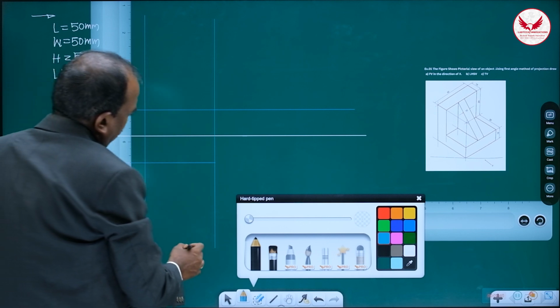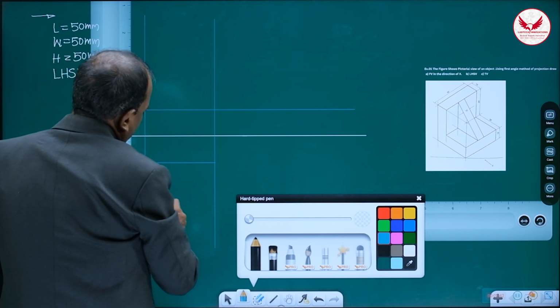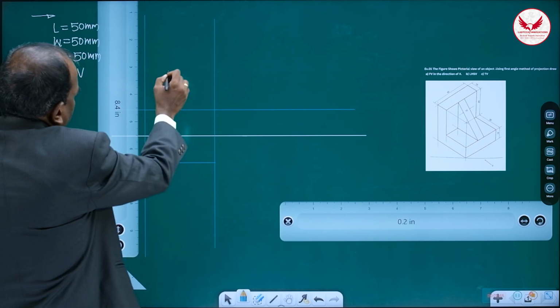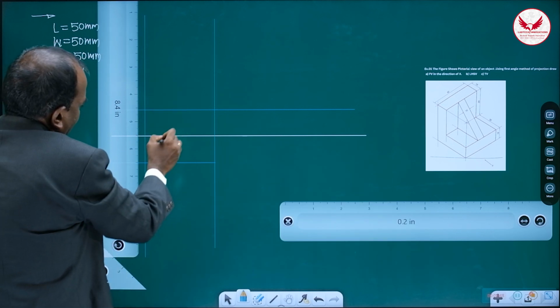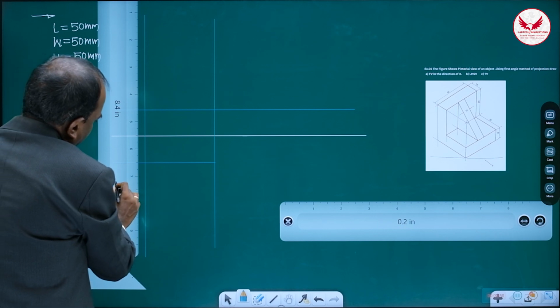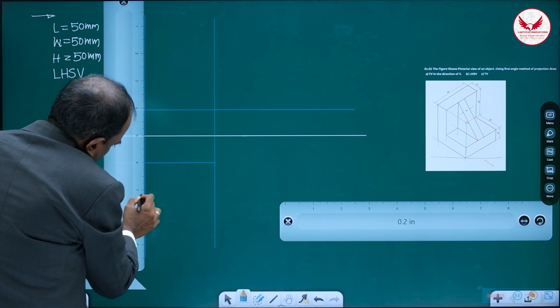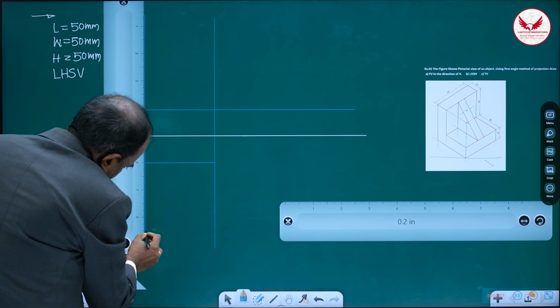In the top view, you mark the width. How much is the width? Here there will be the front view, then this is the gap, and after this there will be the top view. So immediately you mark 20, 40, 50.